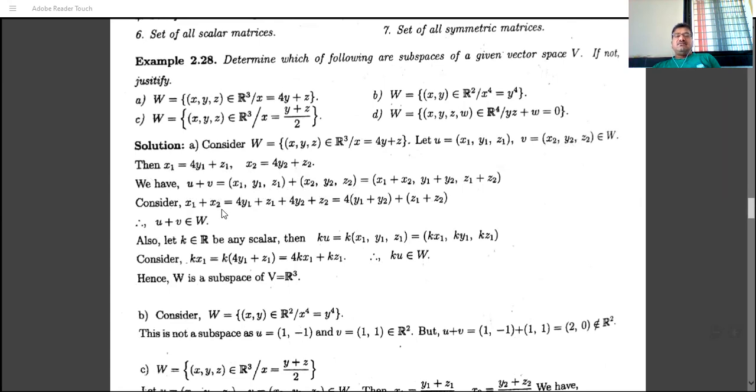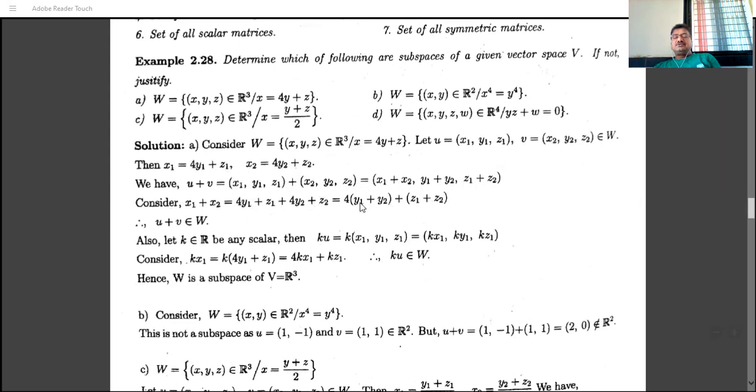Now this element (x1 plus x2, y1 plus y2, z1 plus z2) belongs to W if x1 plus x2 is equal to 4 times (y1 plus y2) plus (z1 plus z2). So consider x1 plus x2. x1 is 4y1 plus z1, x2 is 4y2 plus z2.